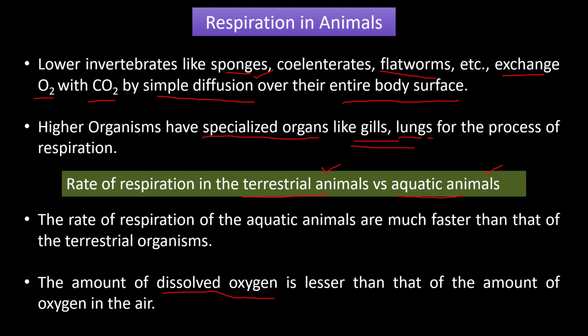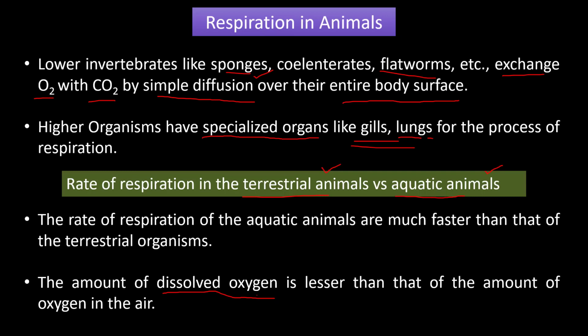So to obtain the same amount of oxygen, the aquatic animals have to respire much faster compared to that of the terrestrial animals. Remember, the difference is the amount of oxygen present in the air and the water. In the water, it is present in the form of dissolved oxygen.